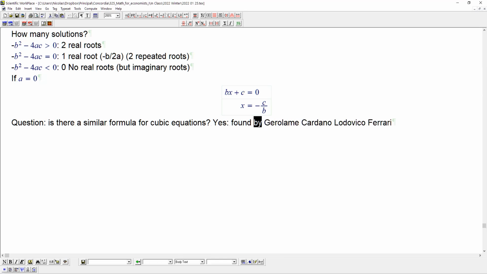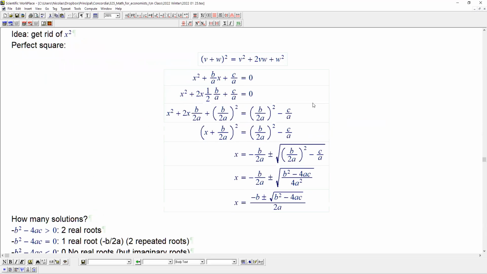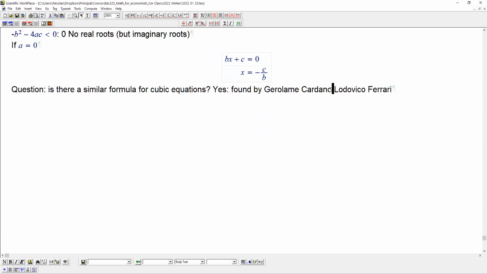Yeah, found by Cardano. And the way you have to approach it is to just consider a cube and look at everything that's going on, like you would for a square. You look for a cube, and you can deduce this sort of equation, but it's of course much more complicated. I'm not going to give it to you. And yeah, Ludovico Ferrari found it for quartic equations in 1545.